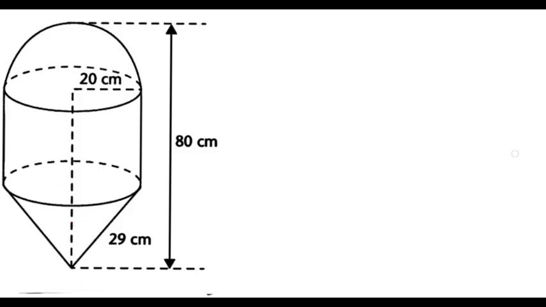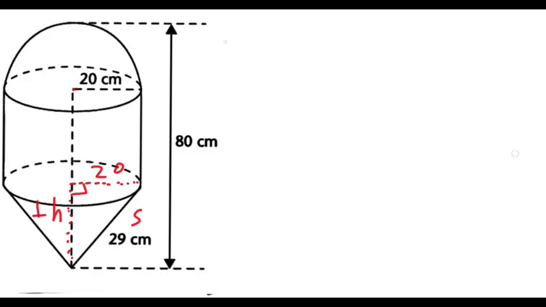So remember, the radius we got is 20, in the cone the slant height we got 29, and the radius is also 20, because all over every way the radius is 20, and this is a 90 degree angle. Remember, this is the perpendicular height and this is the slant height, and for the volume we need the perpendicular height.